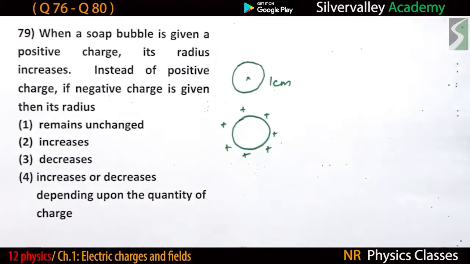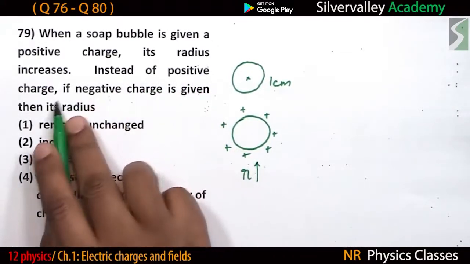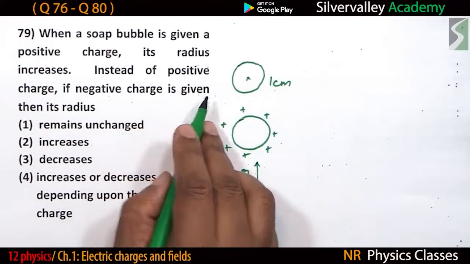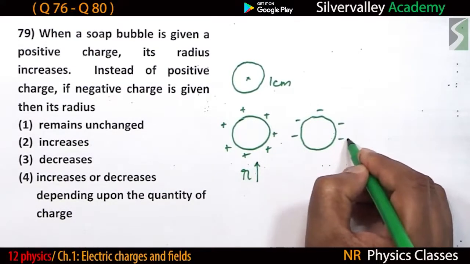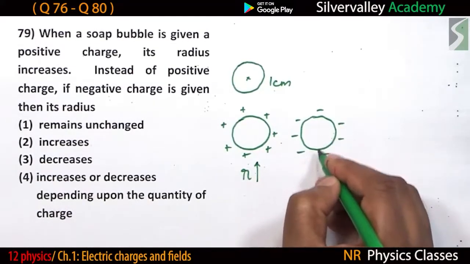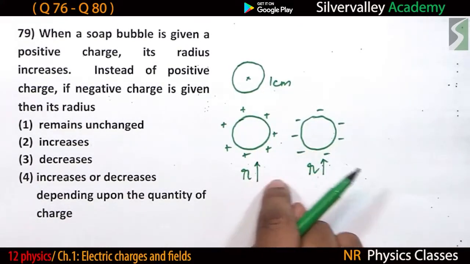Instead of positive charge, if negative charge is given, then also because of mutual repulsion, radius increases. So in both the cases, radius increases.